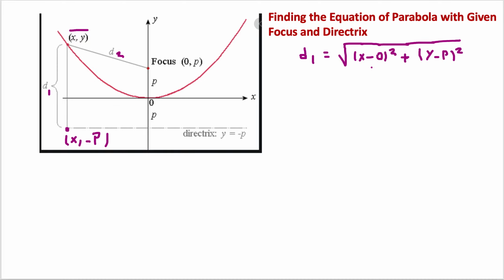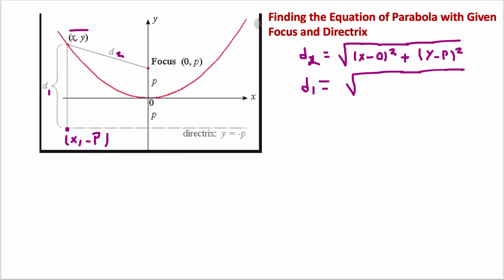I'm sorry, here is d2. Let me denote d2 and d1, because we denoted this distance d1, therefore I'm taking this distance from here to here now. For d2, I take the same distance formula: the square root of (x2 minus x1) squared plus (y2 minus y1) squared.